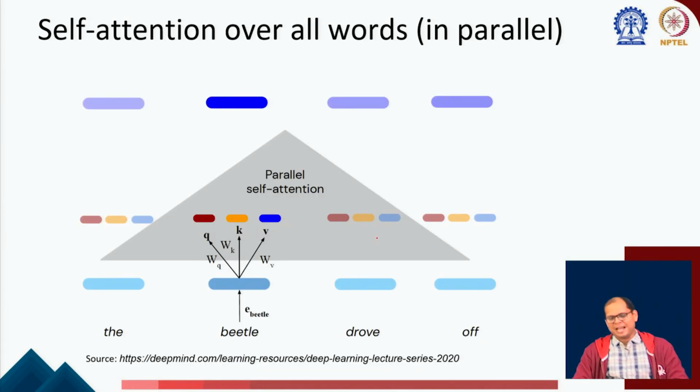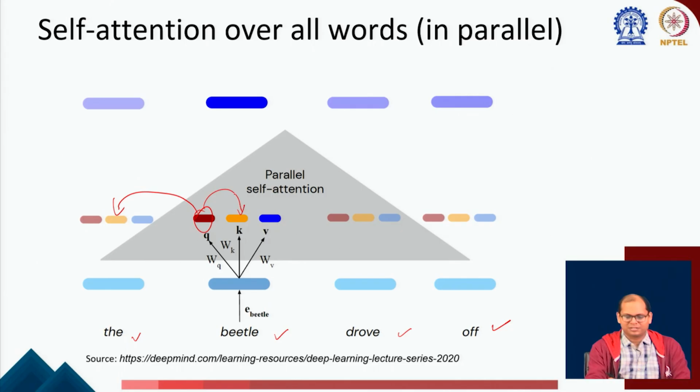Okay, so a recap of what we talked about in the last lecture. We mentioned that self-attention can be done in parallel. So if your input is these 4 words, you can compute the self-attention output for each word. For the word beetle, the query of the word beetle will attend to all the keys for all the words.